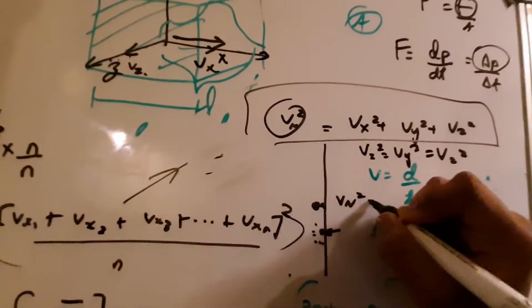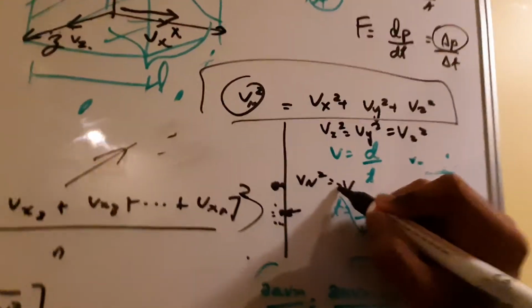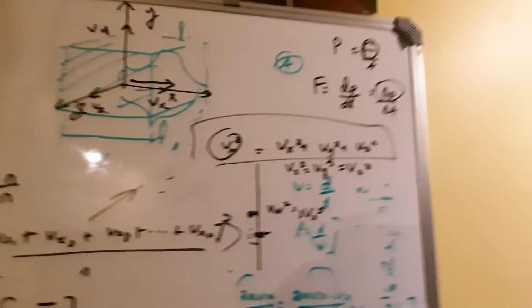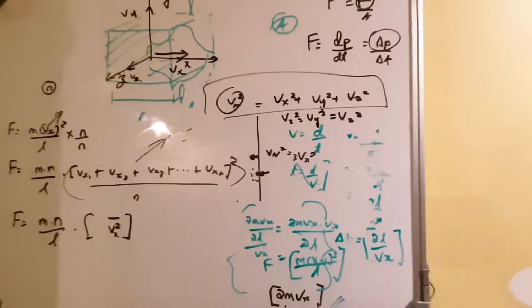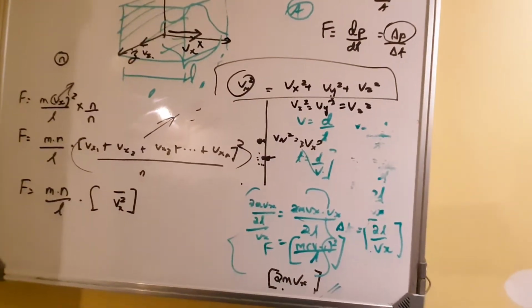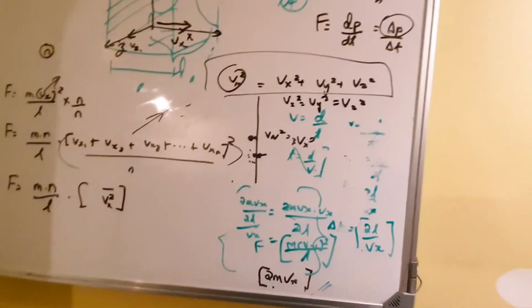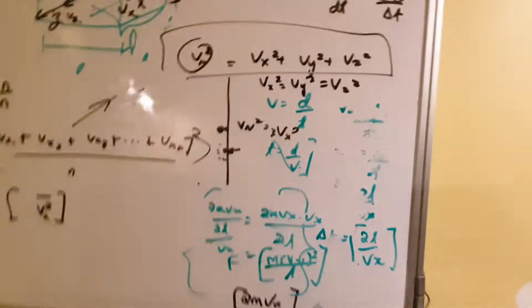So my Vn square, taking Vx itself over here, I'll get 3Vx square, just adding Vx plus Vx plus Vx, because A is equal to B is equal to C, and if I add A plus B plus C, that's nothing but A plus A plus A. Coming back, so this will be my resultant equation.